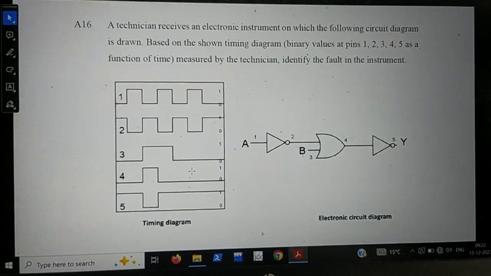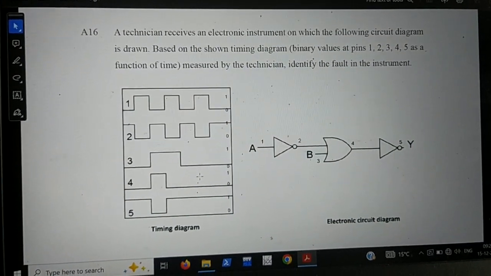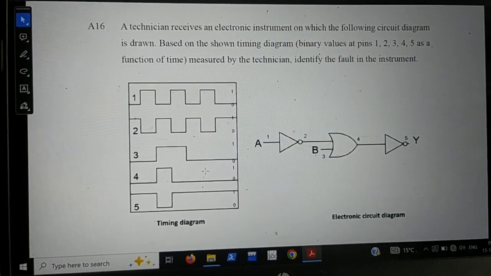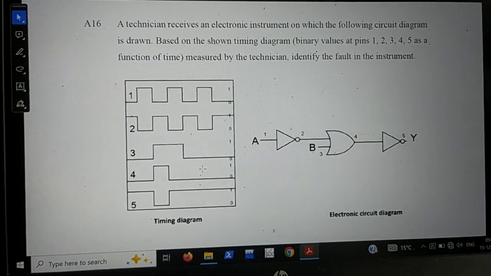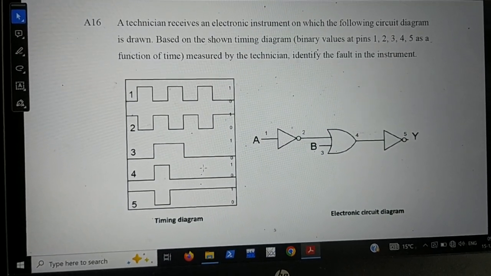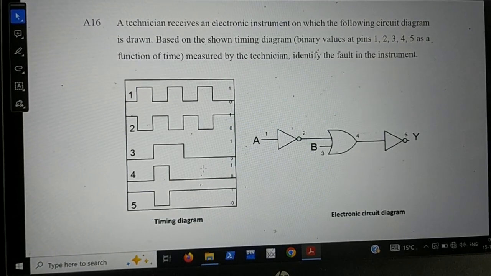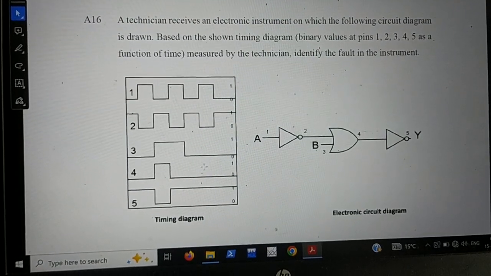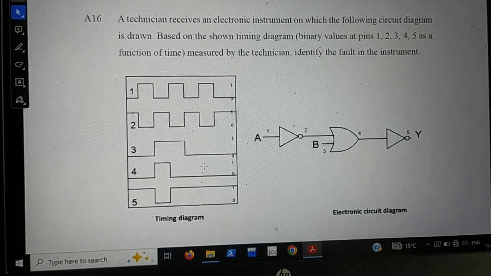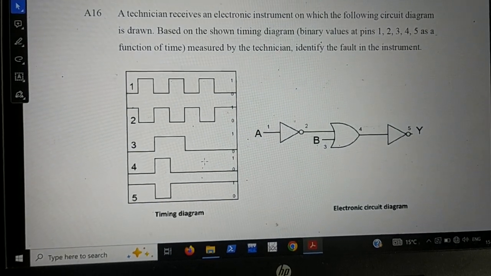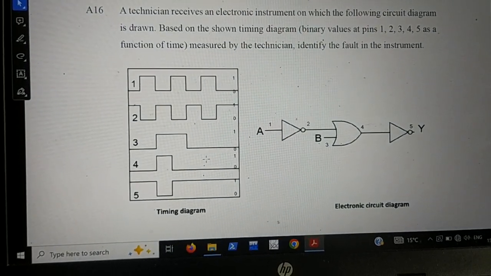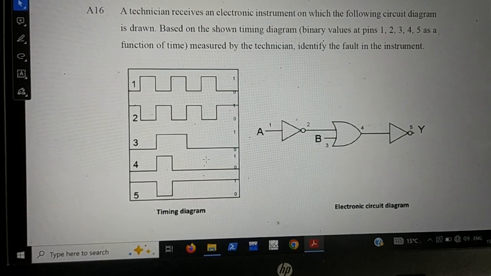Question number 16. This is a very good problem actually. You need to analyze all the data given here. A technician receives an electronic instrument on which the following circuit diagram is drawn. Based on the shown timing diagram, binary values at pins 1, 2, 3, 4, 5 as a function of time are measured by the technician. Identify the fault in the instrument.